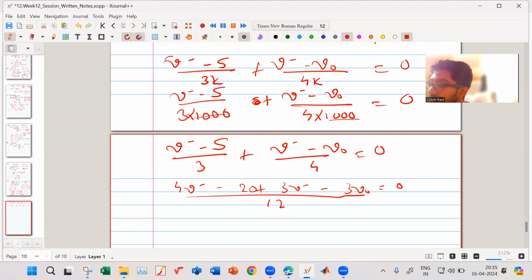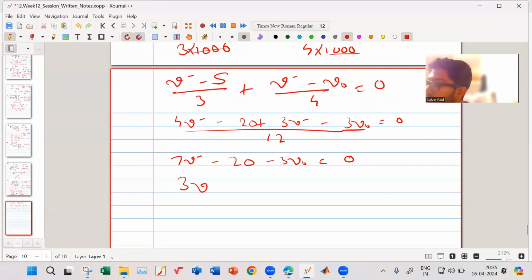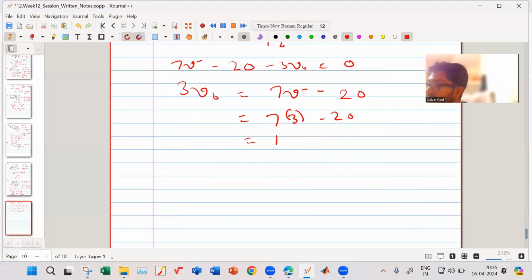So you get 7V minus 20 minus 3V output is equal to 0. So 3V output is equal to 7V minus 20. What is your V minus? 3 volt. So that is equal to 1. So your V output is equal to 1 by 3.